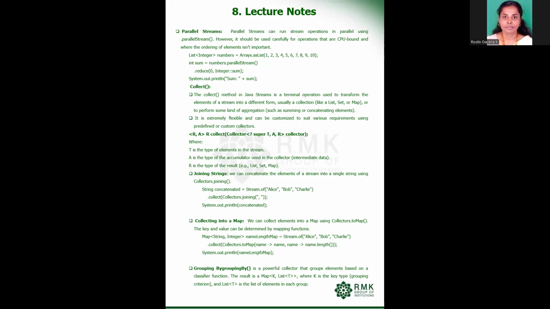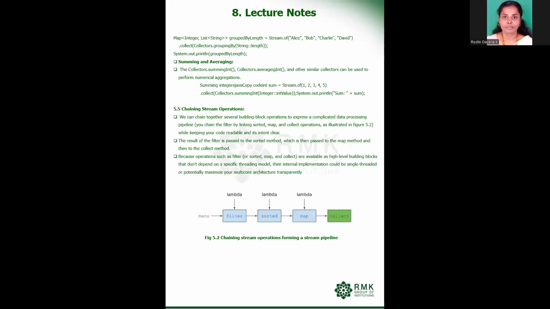using the SOP command. And groupingBy of is a powerful collector that groups elements based on a classifier function. The result is a map of key K comma list of values, where K is the key type, the grouping criterion, and the list here T is the list of elements in each group. So grouped by length is the output map.